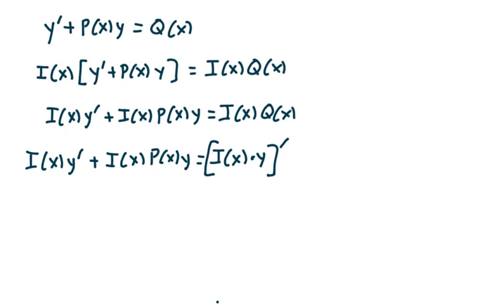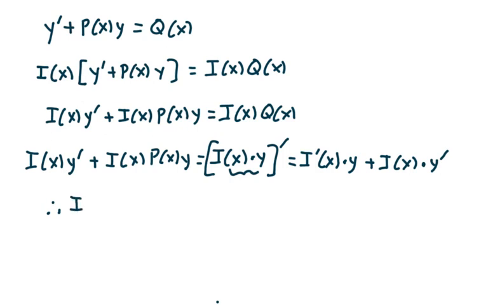But if I apply the product rule on this I of x times y, because you're taking the derivative of the product of two functions, I get I prime of x times y plus I of x times y prime. Now, what does that mean?